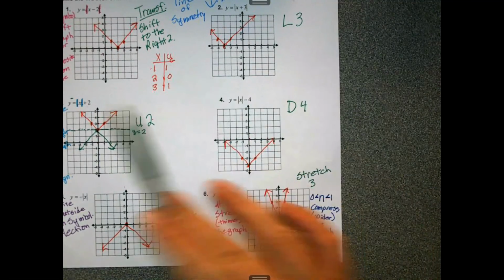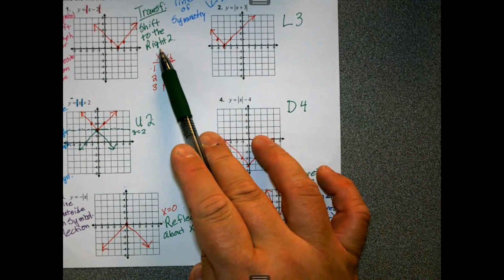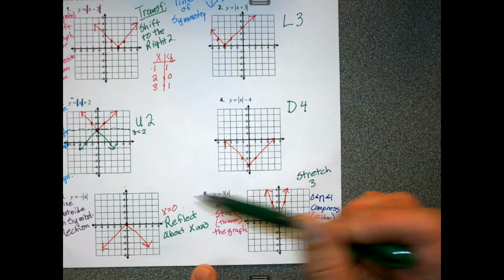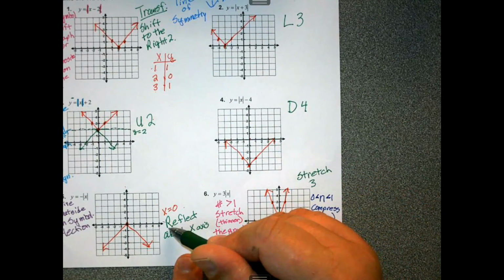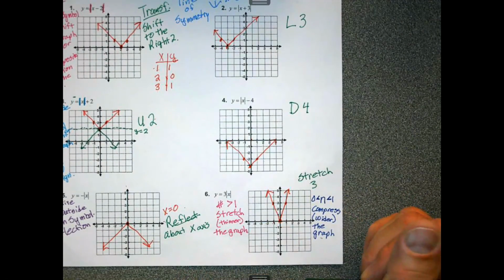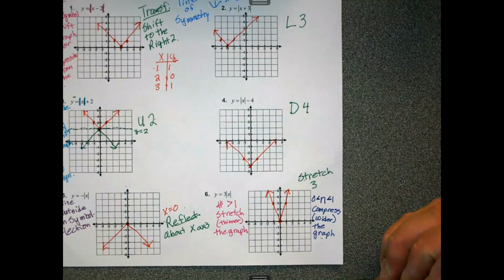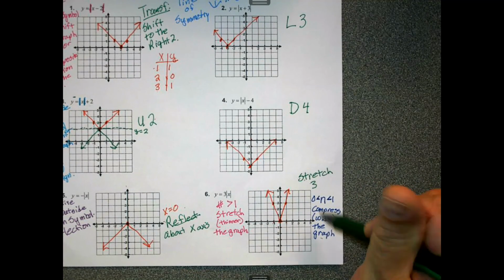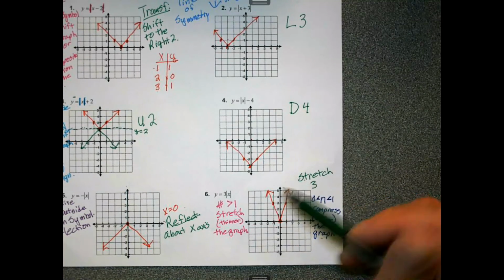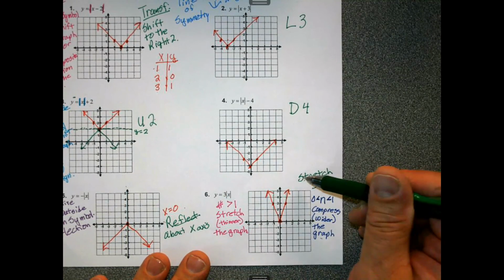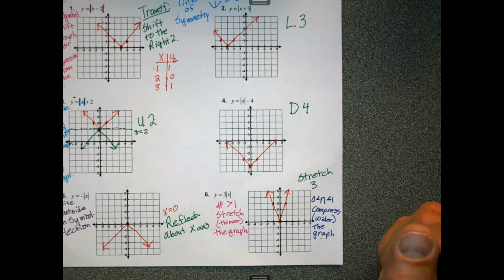You're going to have to write out reflect. Stretch, I can get away with. You can get away with the S3. If they were compressed, compress, you could do. Yeah, if that was a 1/3, you could say C 1/3.